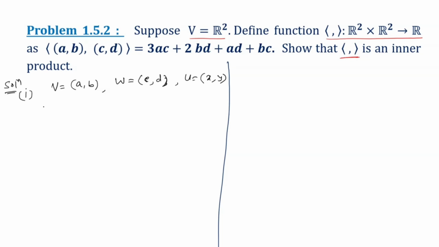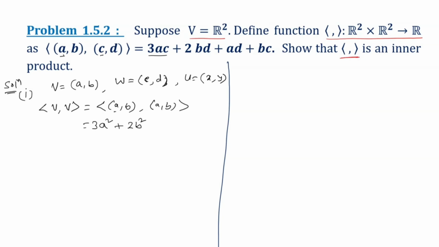The first property says (v, v) should be greater than or equal to 0. Here the definition of (v, v) with (a, b) and (a, b): 3ac means the first entries, so this becomes 3a squared. The second entries, 2bd, become 2b squared.